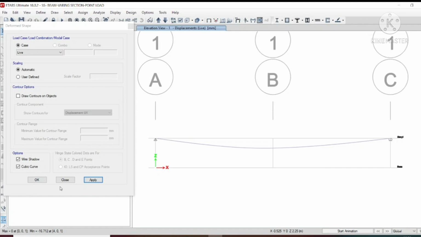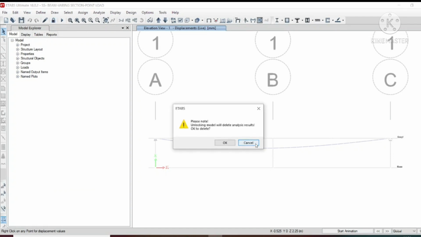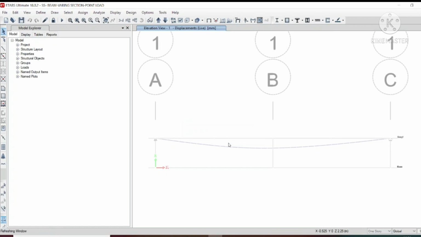So in the same problem, we can apply that, and since the grid size and the dimensions are the same, you can use this value. So let us delete this beam and let us apply a fresh beam here.